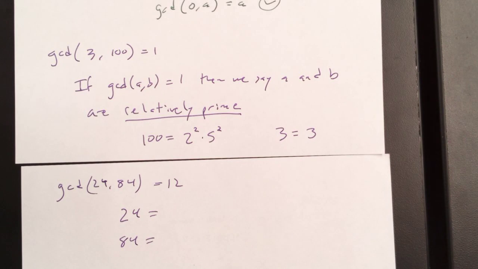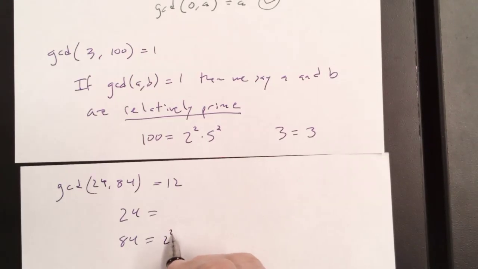Brent, you started to give me this one when you said 84. 84 was 12 times 7, and 7 was prime. But 12, what's the prime decomposition for 12? Dominic? 2 squared and 3. So 84 is 2 squared times 3 times 7.